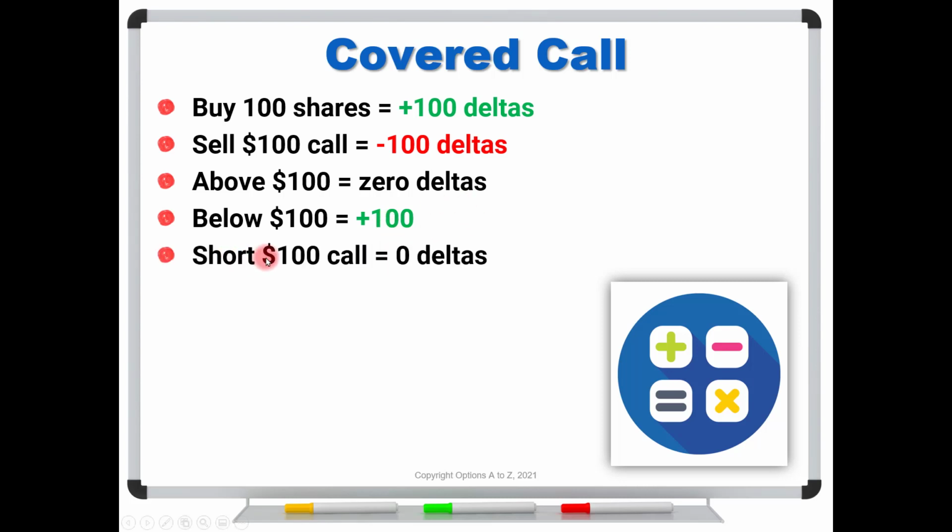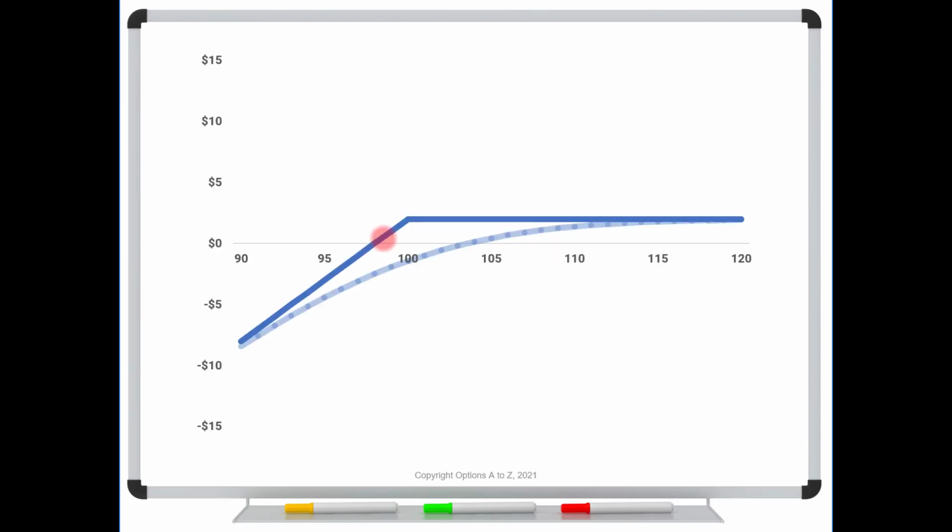The short $100 call gives 0 deltas everywhere above, but everything below will give me long 100 deltas. Just by looking at that simple calculation, I can already tell that this is the basic shape of this graph, this darker blue line. We've seen that before in many videos. This is a covered call, but this lighter shaded one is what's called the current curve.